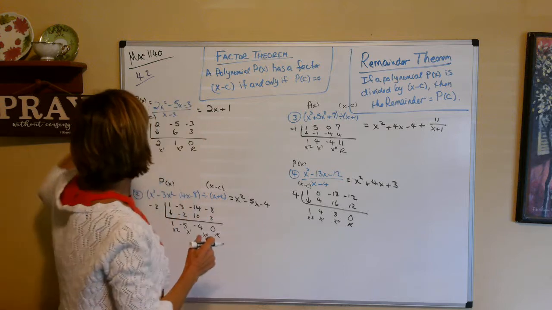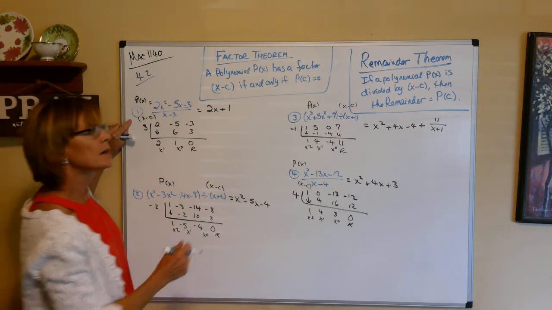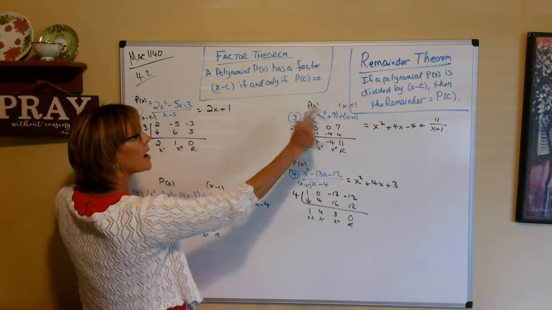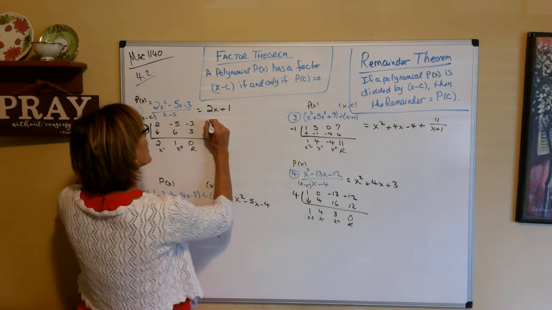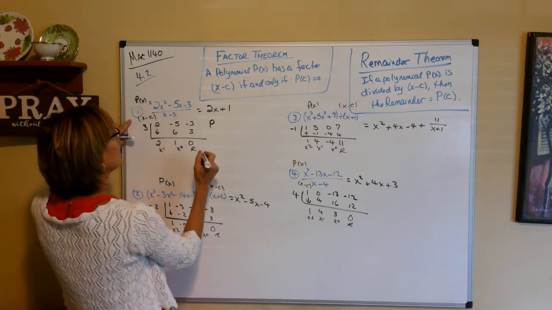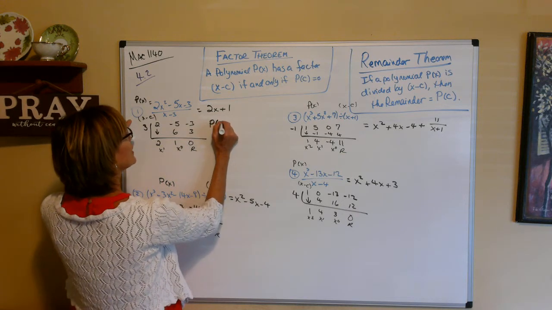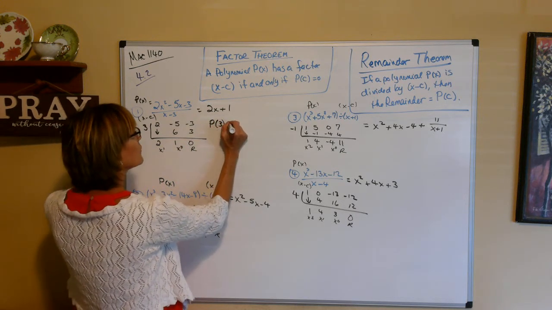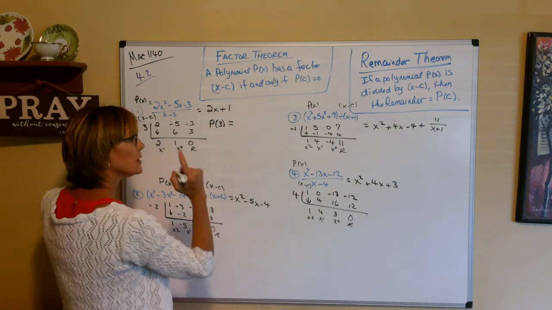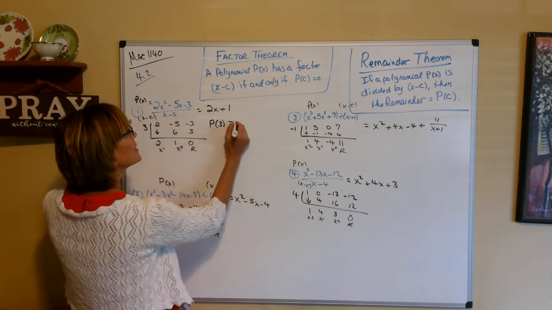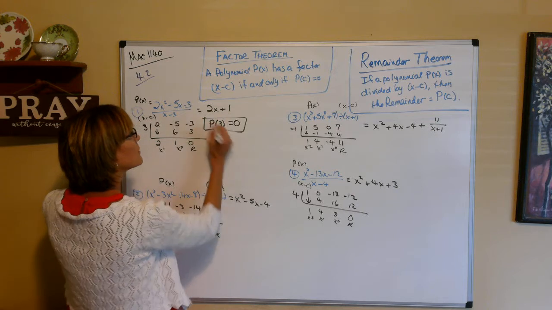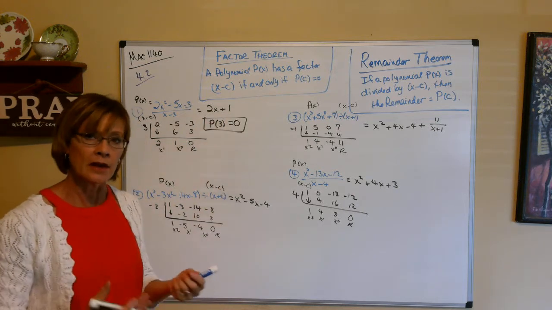Okay, so if this is our polynomial and this is our x minus c, by the remainder theorem, I can say that if I evaluate this polynomial p at the value c, which is 3, p of 3 equals whatever the remainder is. So in this case, the remainder was 0. By the remainder theorem, I can evaluate that polynomial at that value.